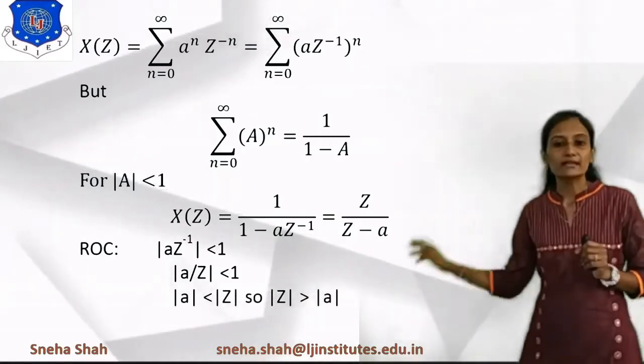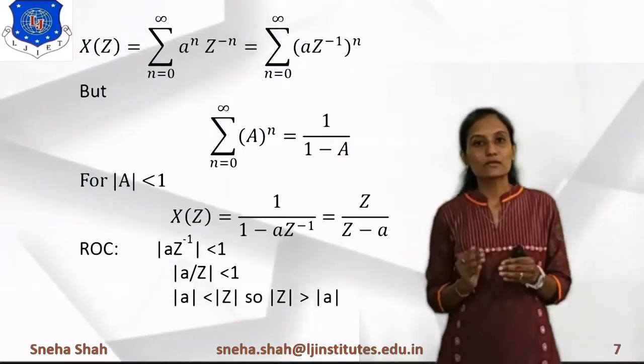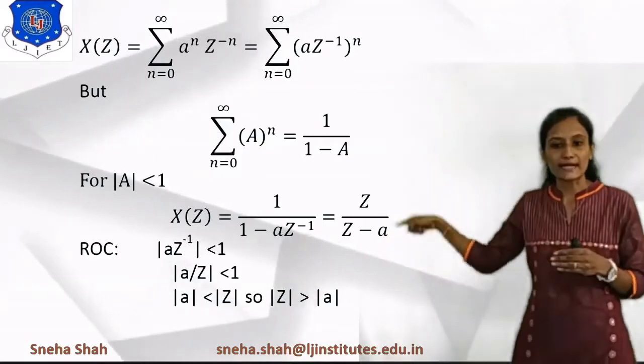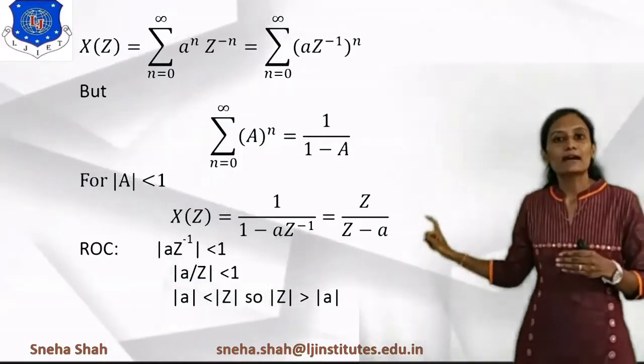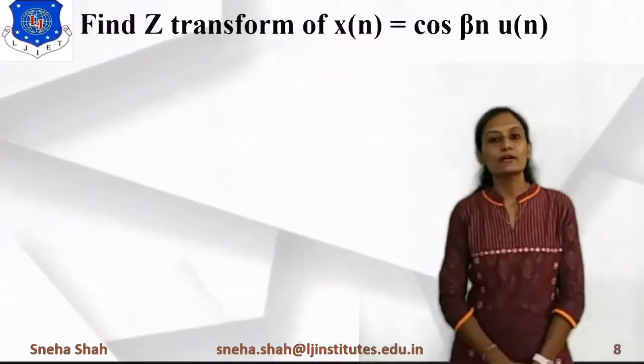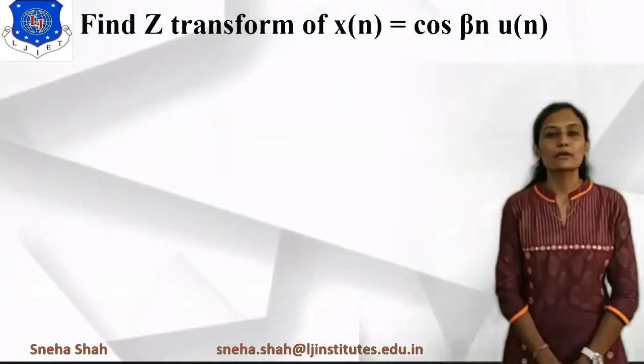So this is your final ROC. So when I am taking the input sequence as x of n equals a raised to n u of n, then the z transform is z upon z minus a, and the ROC will be mod z should be greater than mod a.